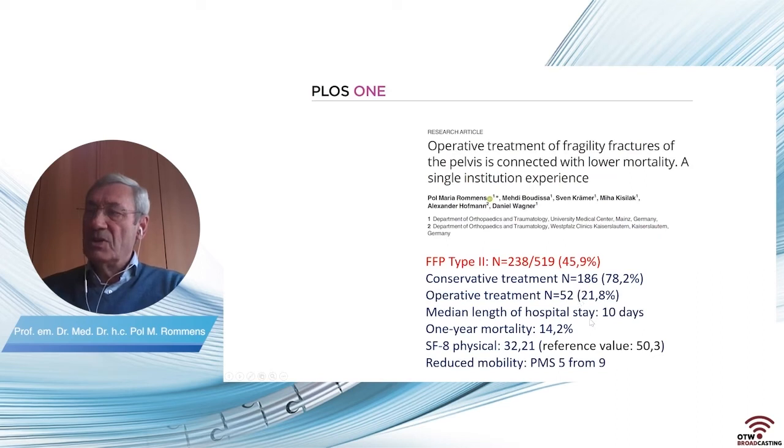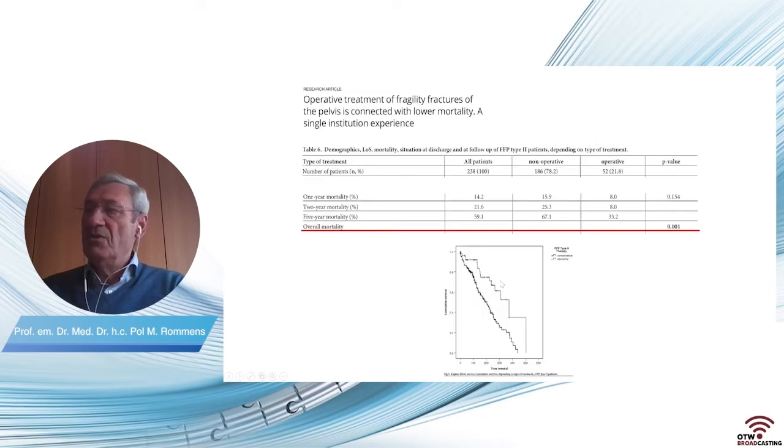The median length of hospital stay in this whole group was 10 days, with a 1-year mortality of 14.2%. You see here with these two parameters, there is a significant reduction in quality of life and mobility. But if we now compare the non-operative group with the operative group, you see this is a minority.